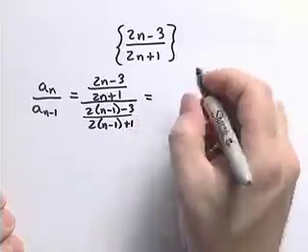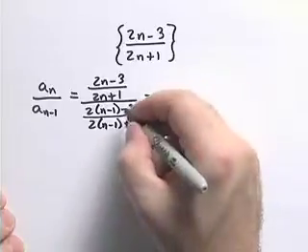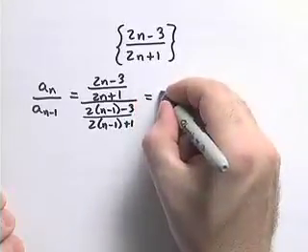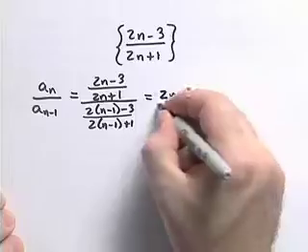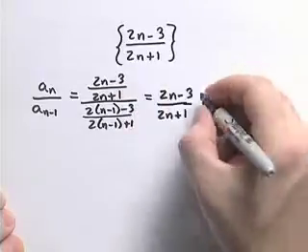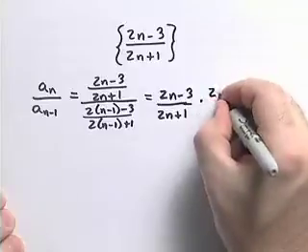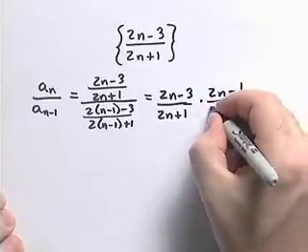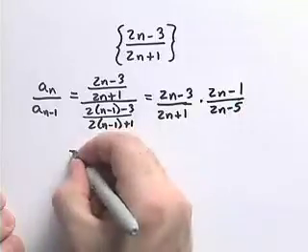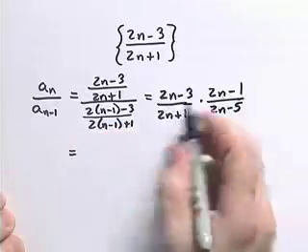If we invert or clean up this denominator and then take the reciprocal and multiply, we'll have (2n - 3)/(2n + 1), so that's our numerator here, times (2n - 1)/(2n - 5). We go ahead and do that multiplication.